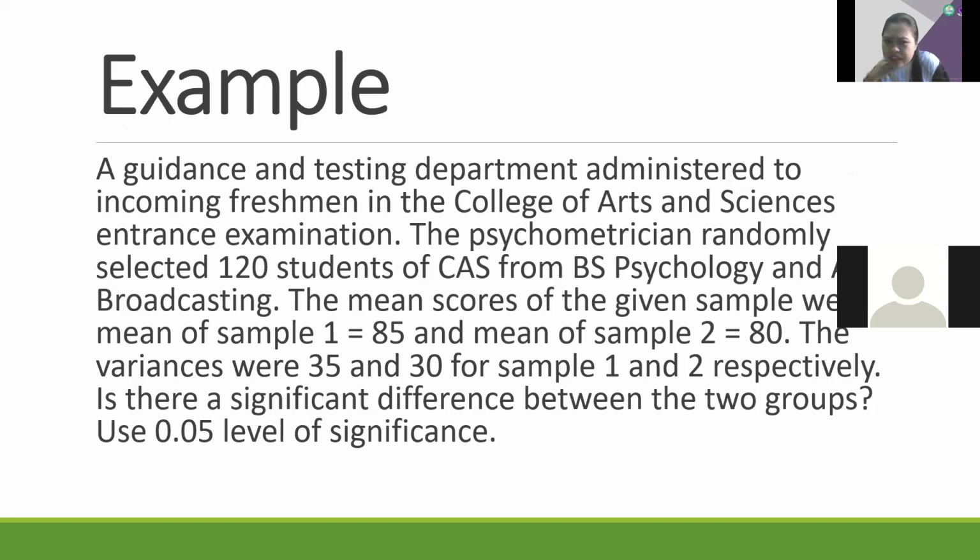Am I finished with this already? I'm not feeling well. But anyway, let's just have a review. I'll just give you another example instead. Wait. I'll just give you another set of example instead.